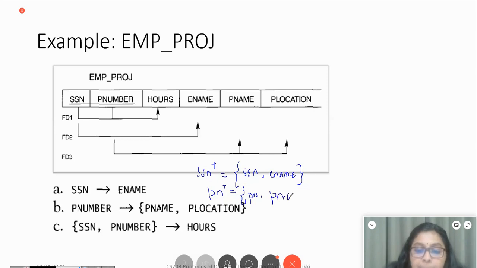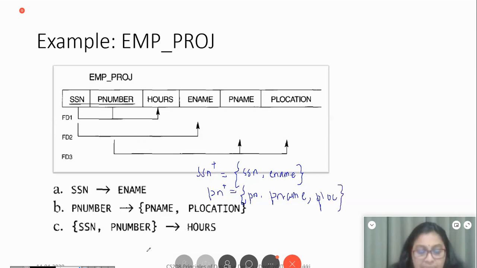Now, if there are any further FDs that have these on the left-hand side, I have FD C with SSN and P number. But you can't include the hours, the right-hand side of this FD, in the attribute closure set of P number. Why? Because SSN is not already in the attribute closure set of P number. So that's it, I stop here.